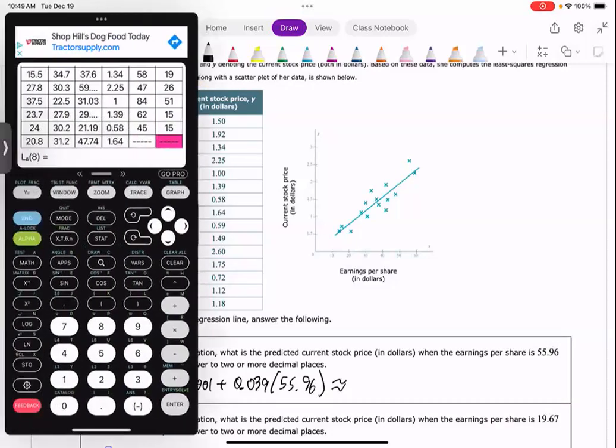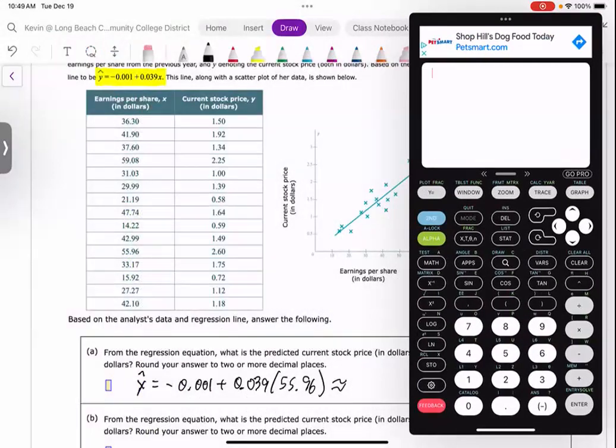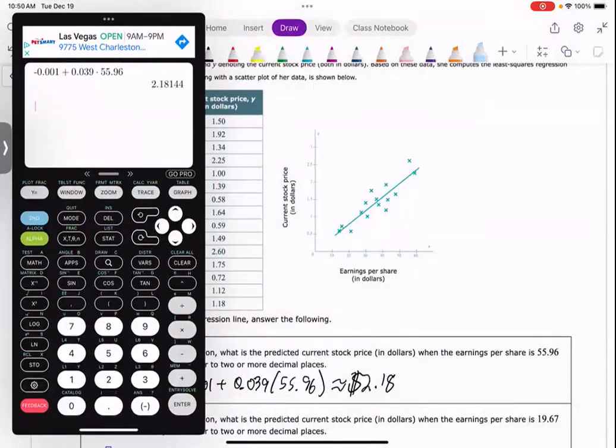Let's see what we get. So negative 0.001 plus 0.039 times 55.96. So it's about $2.18. And that is our actual answer there.